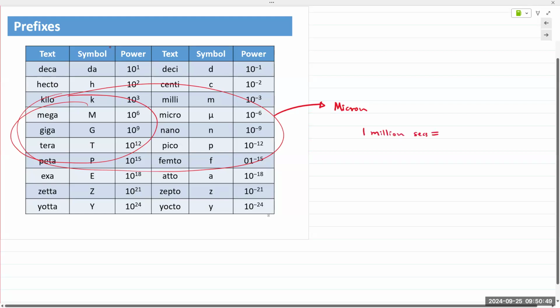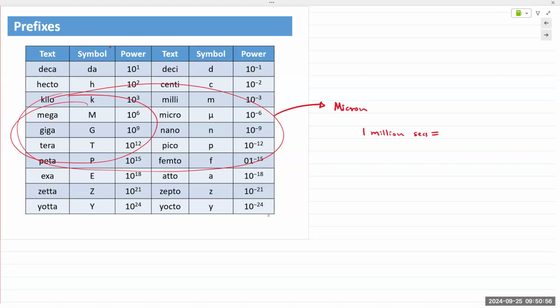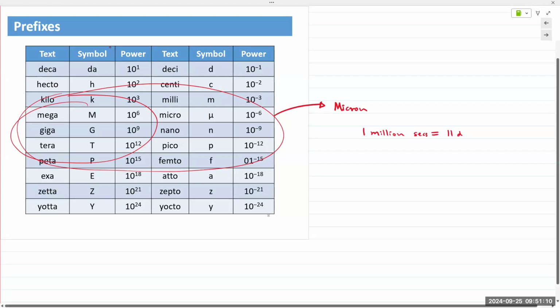take a wild guess at how much is 1 million seconds in terms of hours, days, weeks. 30 years? Not quite. It's a good guess. It's just about 11 days.